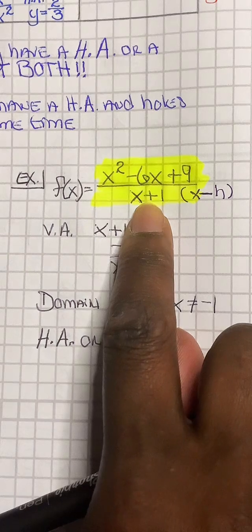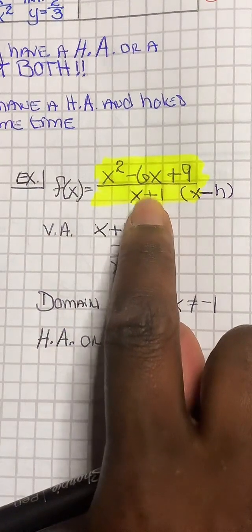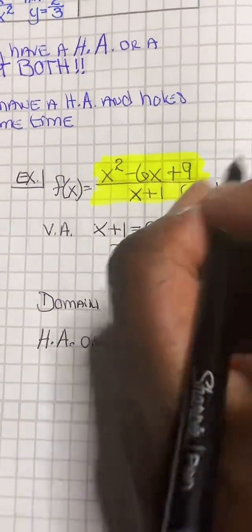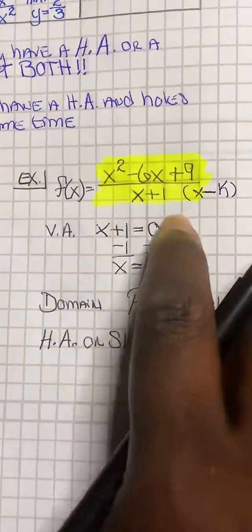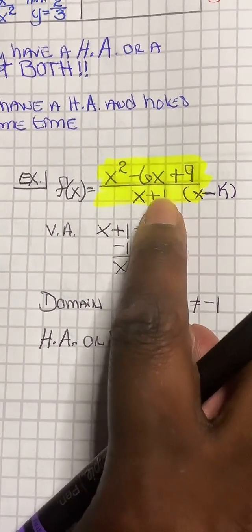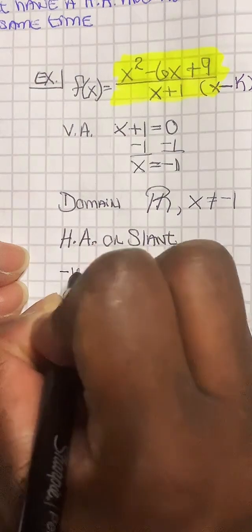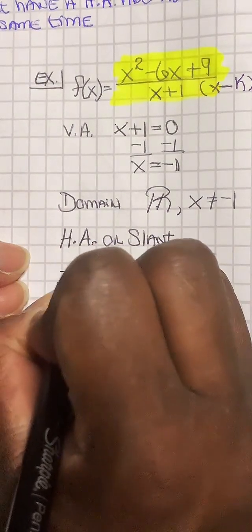So the easiest way that I like to say it is always do the opposite of what you see. I think this is a K, not an H. Sorry, thinking about vertex form. So you always want to do the opposite of what you see. So this is going to be a negative 1. This negative 1 is going in what I call the box.